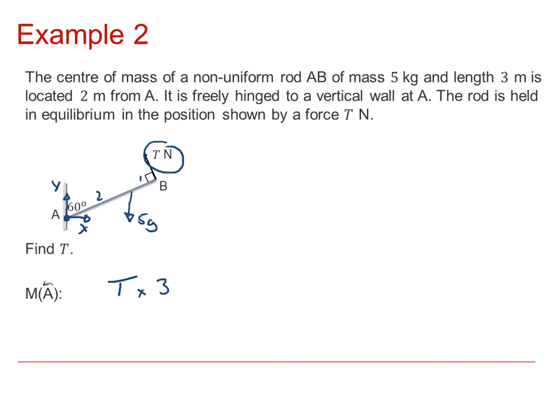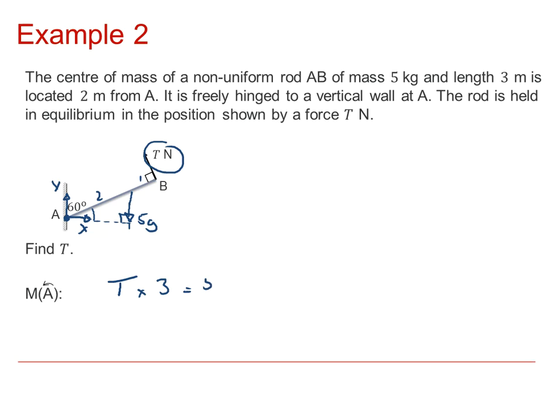In the clockwise direction, that's a moment provided by 5g. If we work out the perpendicular distance at which the 5g force acts compared to A, we can see that this angle here is 30 degrees, so the distance is 2 cosine 30.